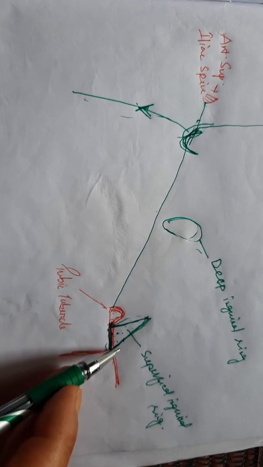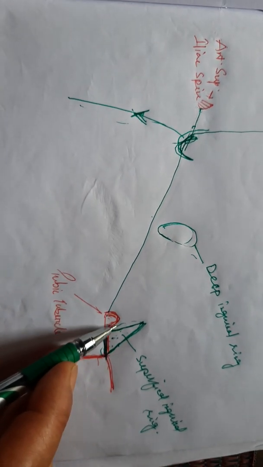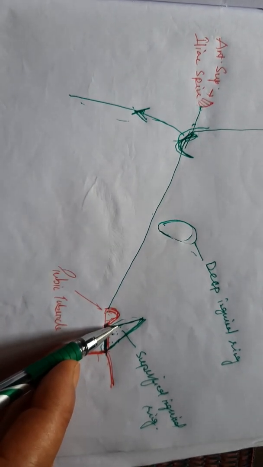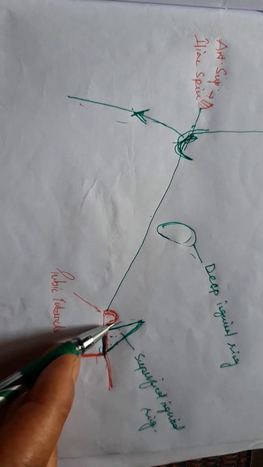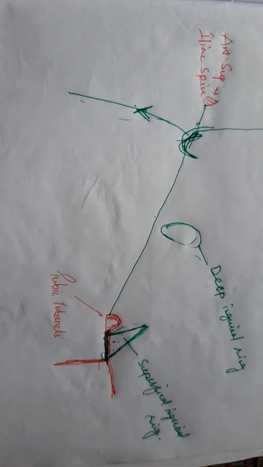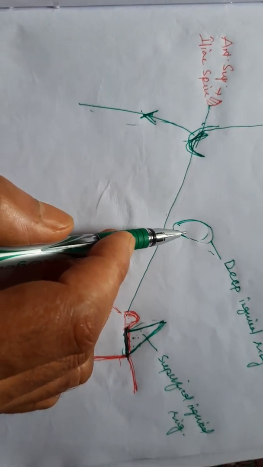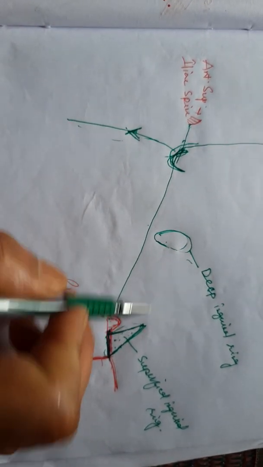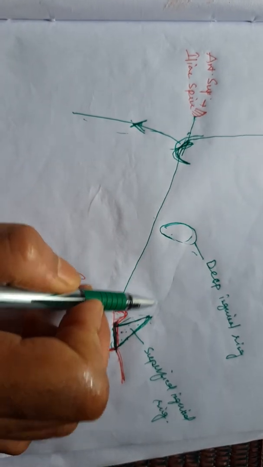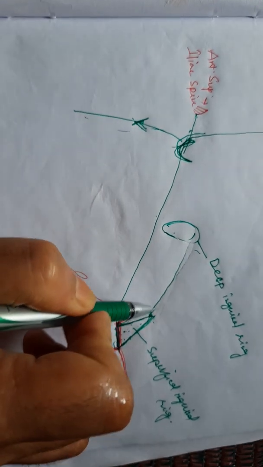Medially we can say this is the superior crus, and laterally this is the inferior crus, which is over the pubic crest. That means this canal extends from the deep inguinal ring to the superficial inguinal ring. Okay, only in this area it extends, not the entire length.